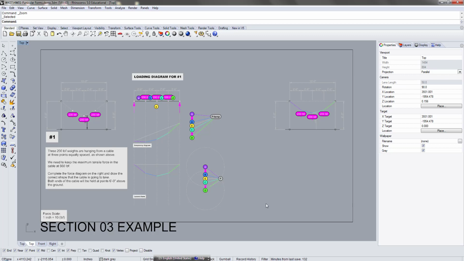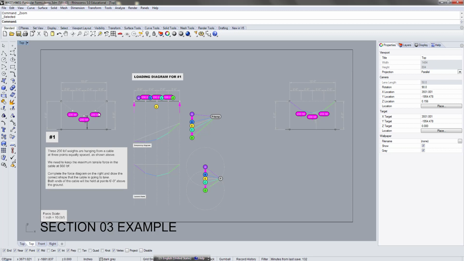Okay, so this is section 3, example 1. What's different for section 3 is not only that there are 3 points where the loads are hanging from, but also that in section 2 we were locking part of the geometry to a specific angle and then trying to derive the form from there.